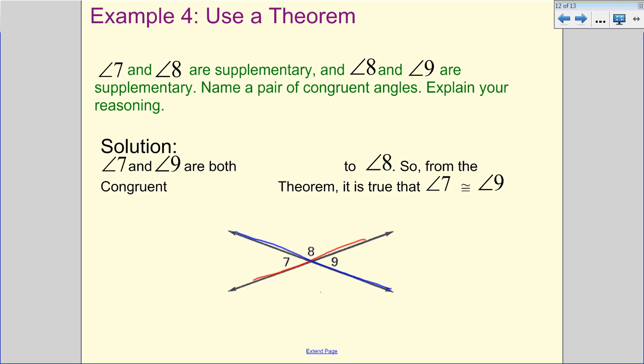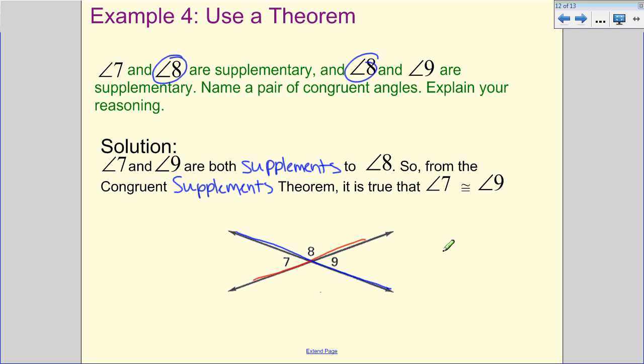Explain your reasoning. If we notice we've got angle 8, that's in common between these two. So angle 7 and angle 9 are both supplements to angle 8. So from the congruent supplements theorem, it's true that angle 7 is congruent to angle 9.